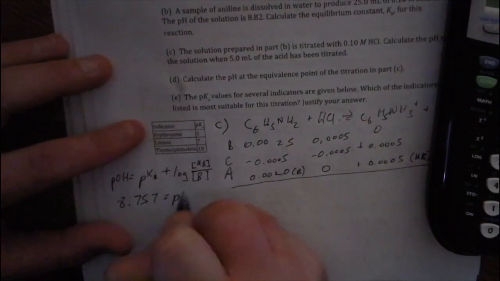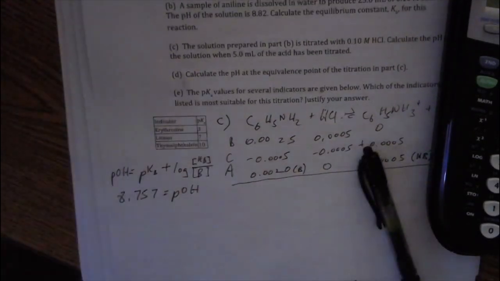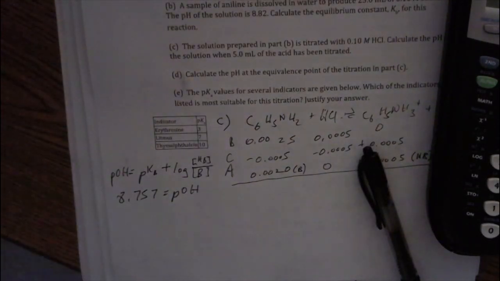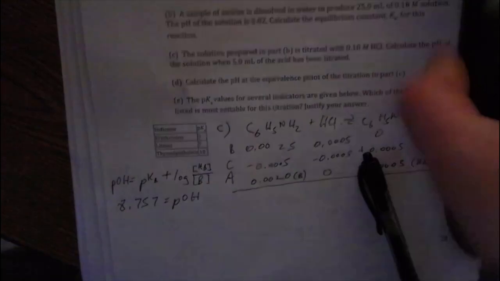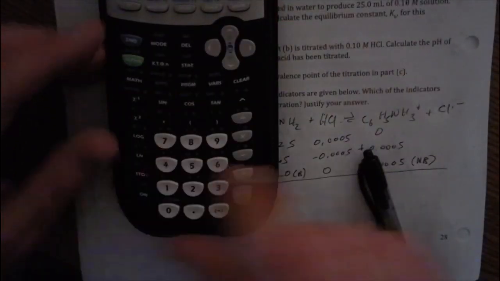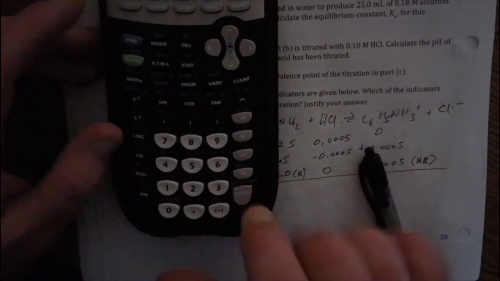But that's equal to my pOH. Why is that my pOH? Because I'm using the pKb and we're talking about the base. So how do I get the pH from that? We take what minus it? 14. 14 minus that answer gives us 5.24.